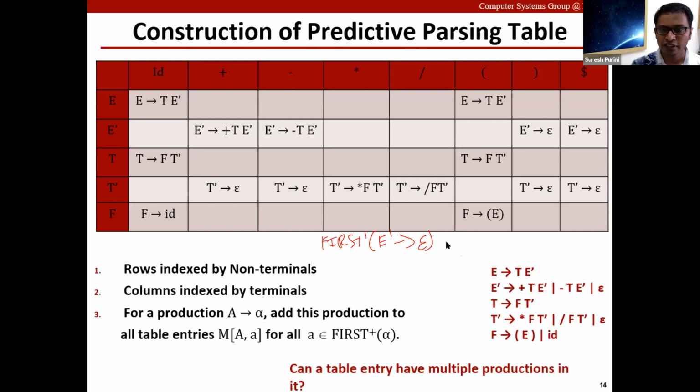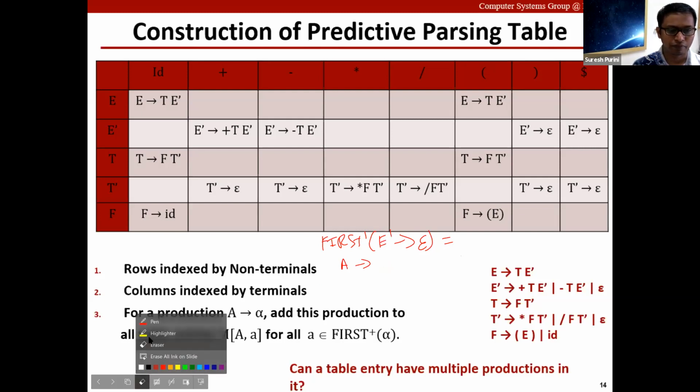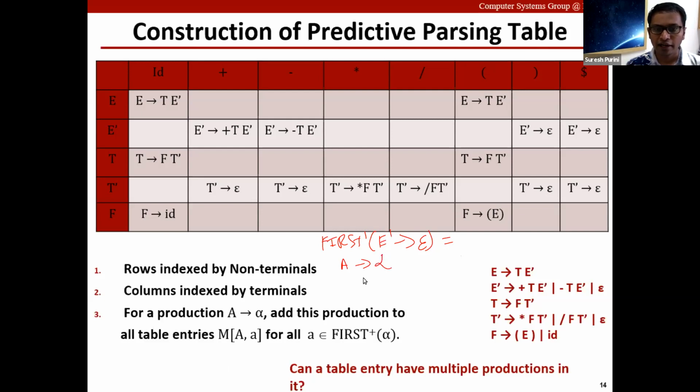So recall, if we have A goes to alpha, then first plus of this, let me use a shorthand, F plus of this, is equal to first of alpha union follow of A.